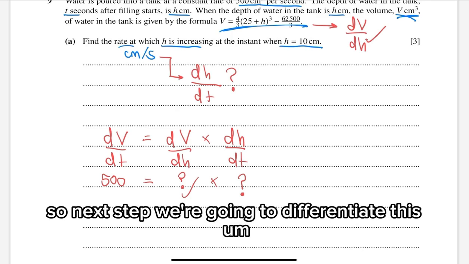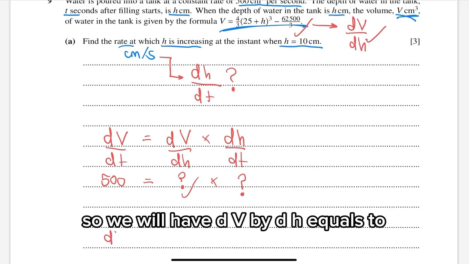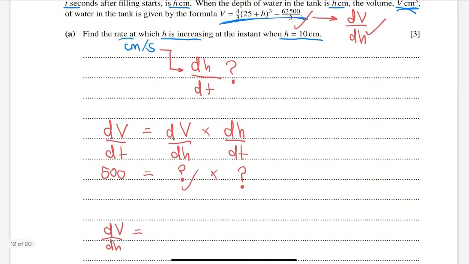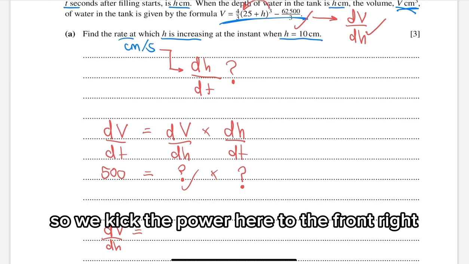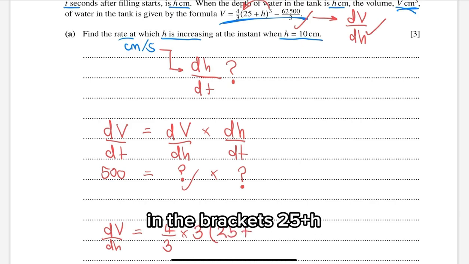So next step, we're going to differentiate this, so we will have dV/dh equals to, so we kick the power to the front, right? So 4/3 multiplied by 3 in the brackets, 25 plus h.